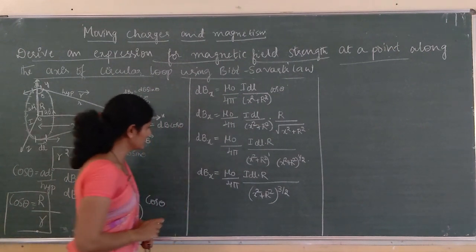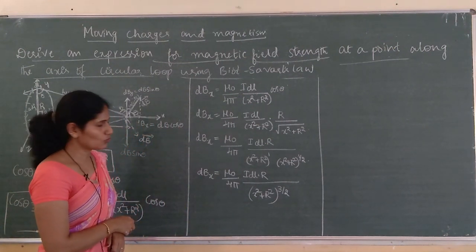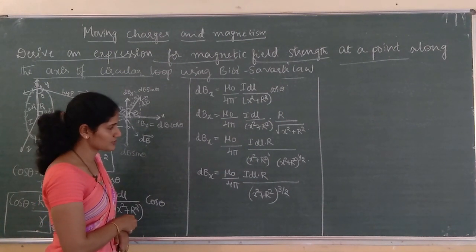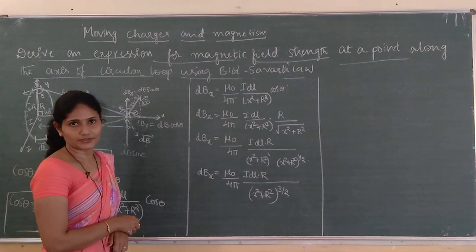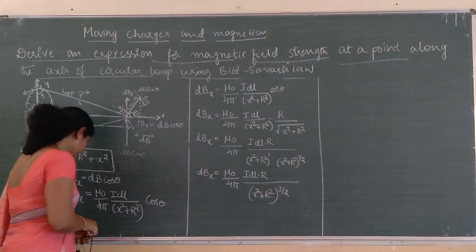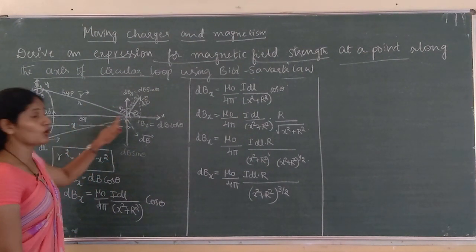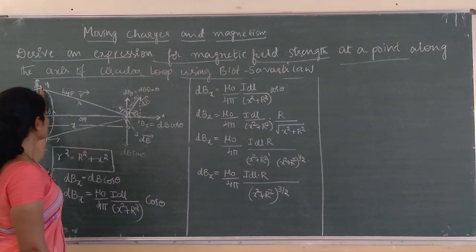So dBx is mu naught by 4 pi IDL into r divided by x square plus r square to the power 3 by 2. This is the strength of the magnetic field at a point P along the axis due to this line element.